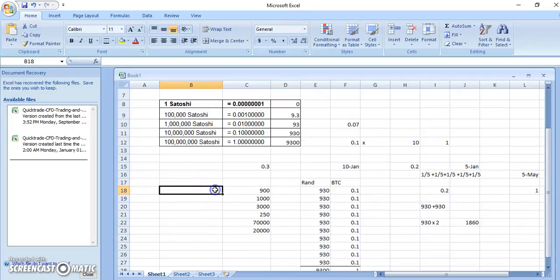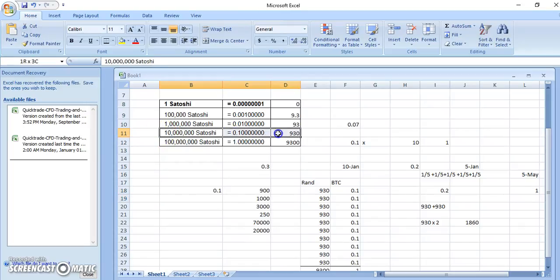So in my imagination already, if you go back to this table here, if I'm buying around 900, it will probably be 0.1 around that figure. So the emphasis here is on the decimal places. If I'm buying 1,000, it will still be in this region.